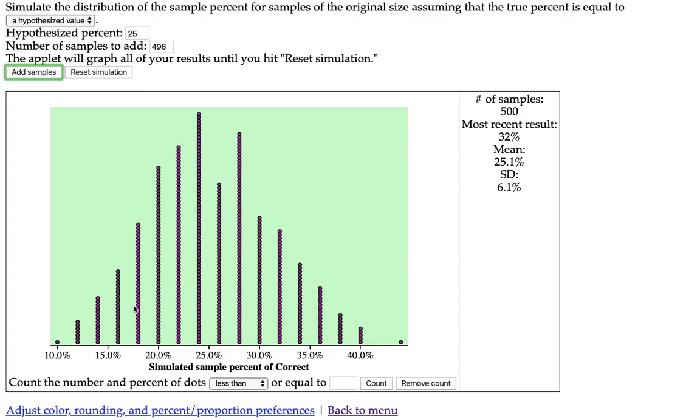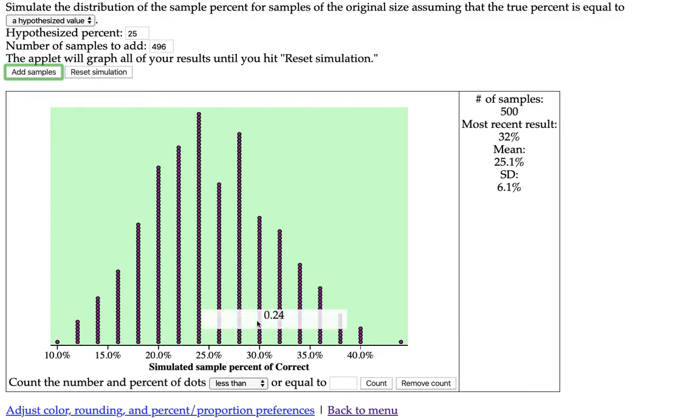So you could see that this distribution, the approximate sampling distribution of the sample percentages or the sample proportion of correct answers, is clustered around 25%. I mean, it should be. He randomly guessed. So what is consistent with our expectation?